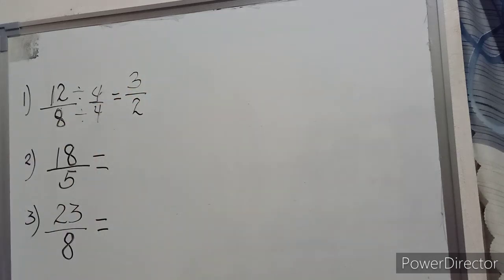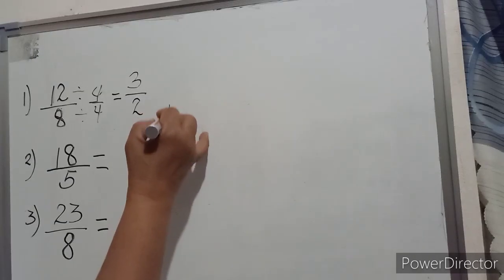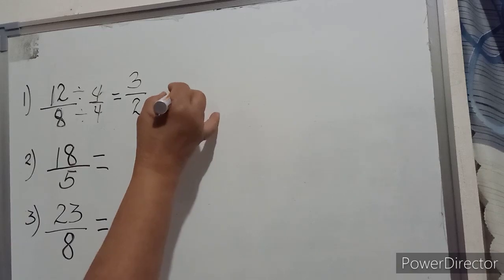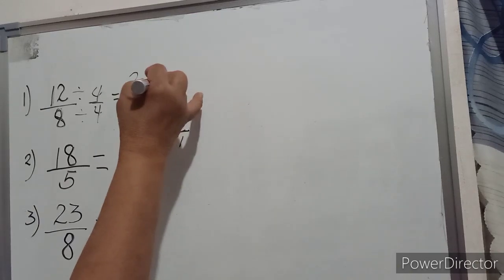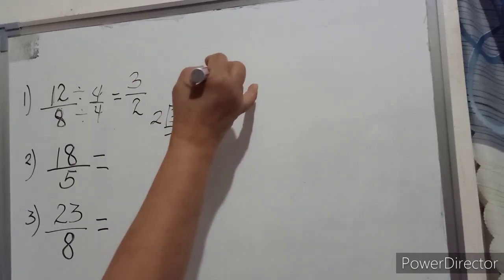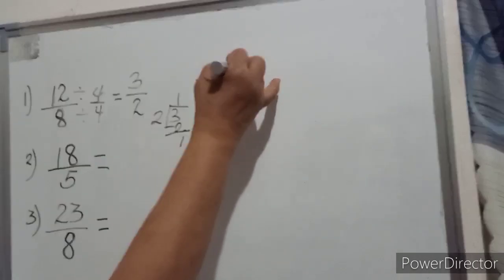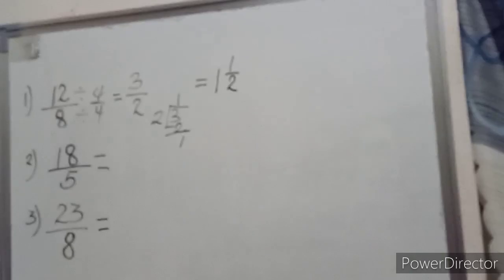Now we divide 3 by 2, which will give you 1. 1 times 2 is 2. 3 minus 2 is 1. Giving us a final answer of 1 and 1/2.